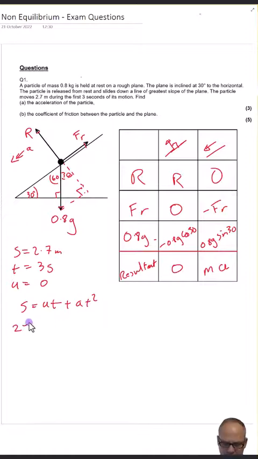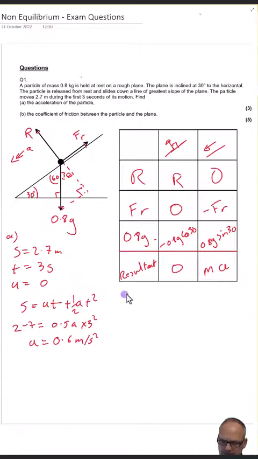So 2.7 will equal 0 plus a half at squared. I missed out the half. So you get 0.5 times a times 3 squared. So a comes out to be 0.6 meters per second squared. So we've answered part A.